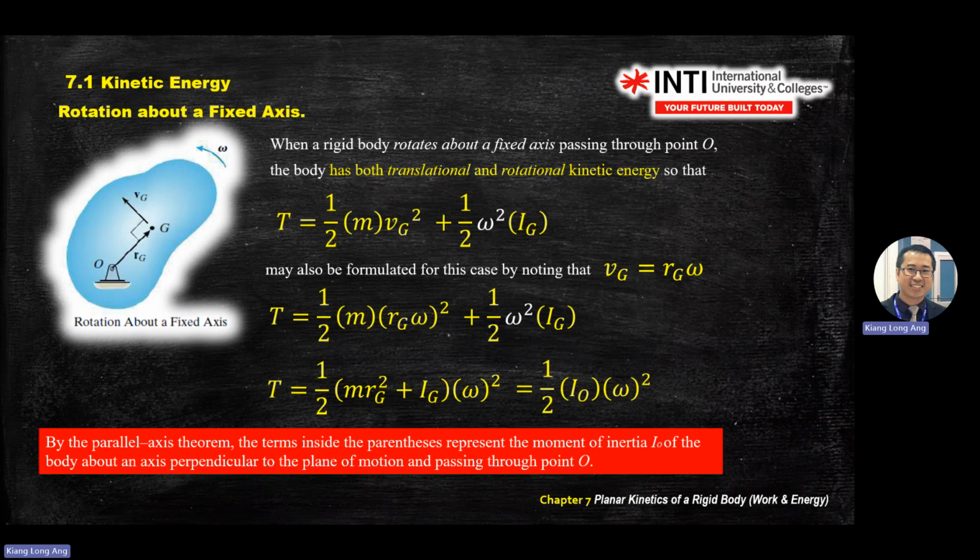This one doesn't have rotation. You move in this way, straight line, so you don't have this term, you only have this one. Then if the object is rotating with angular velocity, it becomes this equation. So don't confuse between this one and this one. So this is when you have angular rotation.